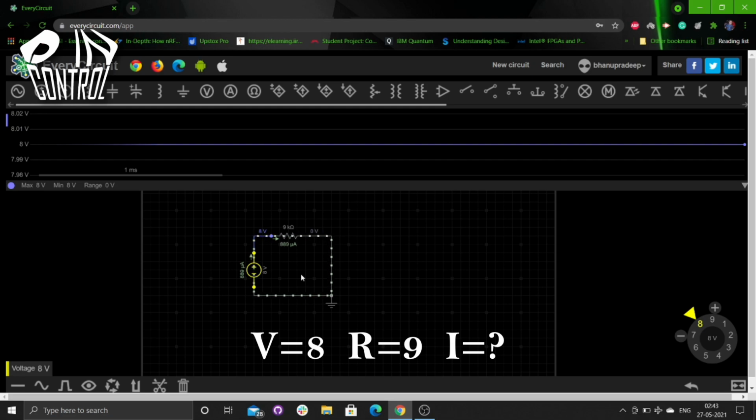I equals V by R. So my resultant current is 889 microamps, isn't it? In the same way, if you want to calculate the resistance, if you have voltage 8 volts and current 889 microamps, the resultant resistance is 9 kilo ohms. In the same way, you can calculate the voltage, resistance and current if you have any two values.